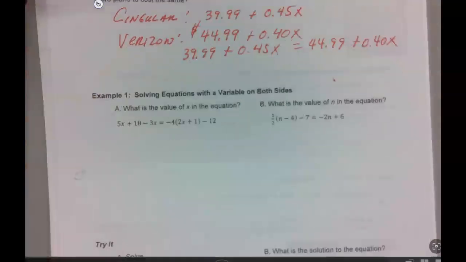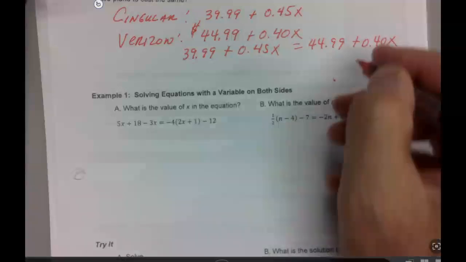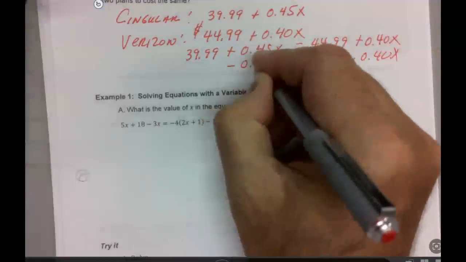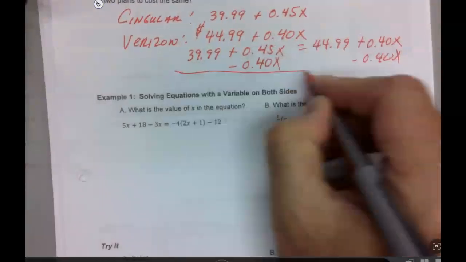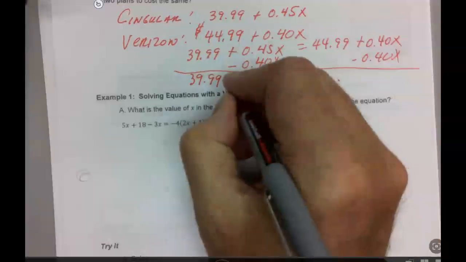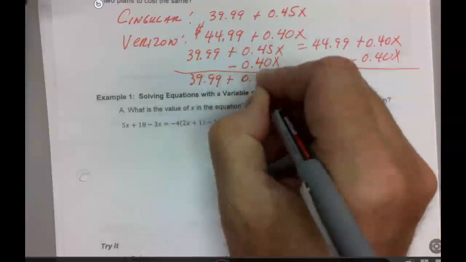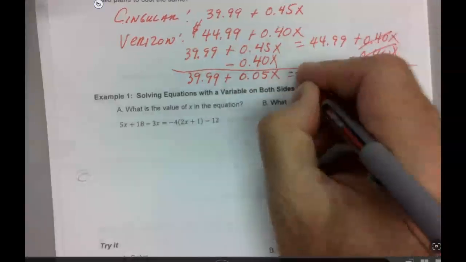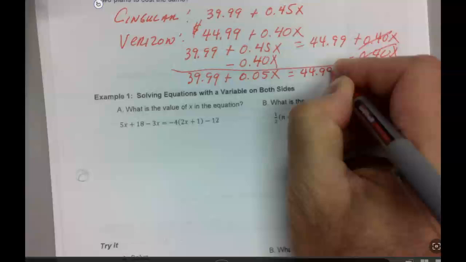So we want to get all the X's on the left side, so we're going to subtract 0.40X, correct? So it gives me 39.99 plus 0.05X. Those cancel, equals 44.99.